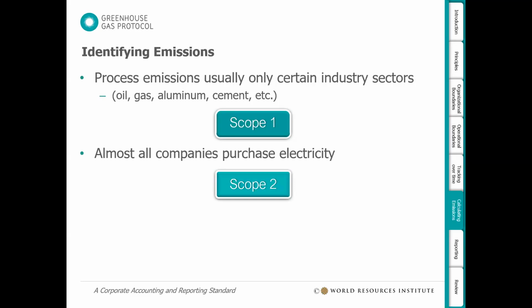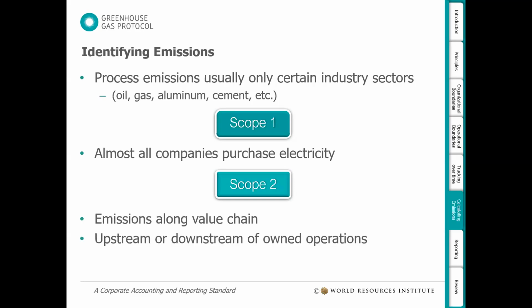And finally, companies can identify other indirect or Scope 3 emissions. And as we saw earlier, this step is optional under the corporate standard and involves identifying other indirect emissions from a company's upstream and downstream activities, including, say, those activities associated with outsourced or contract manufacturing, leases, franchises, etc.